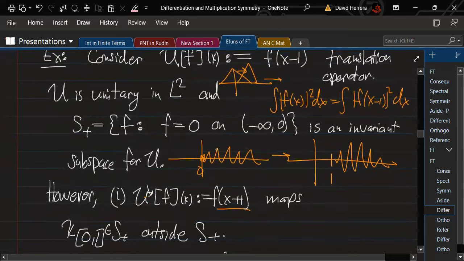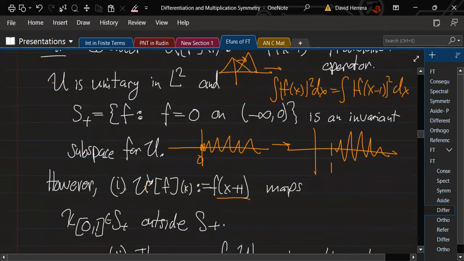Now, the key thing is that because there's somehow nothing here anymore, this is still going to be an invariant subspace S plus, but if I restrict U to it, it's not going to be unitary anymore. So let's see why. That first condition, which is that U star restricts to the subspace in the invariant way, doesn't hold anymore, because if you take this function here and you shift it to the left, then you see that it's no longer in the subspace.